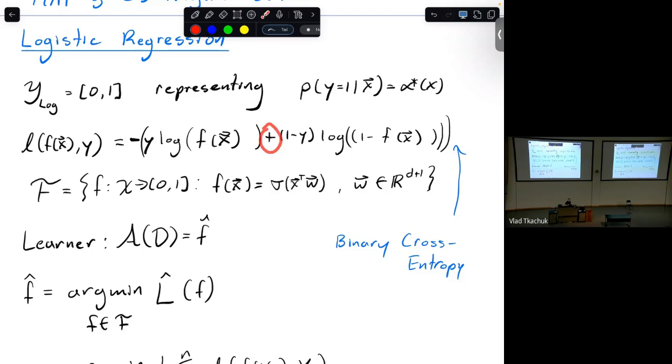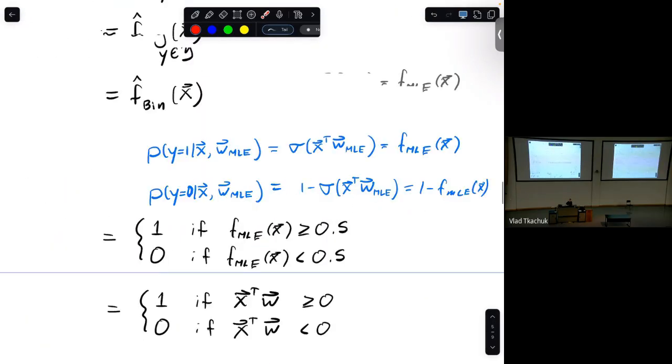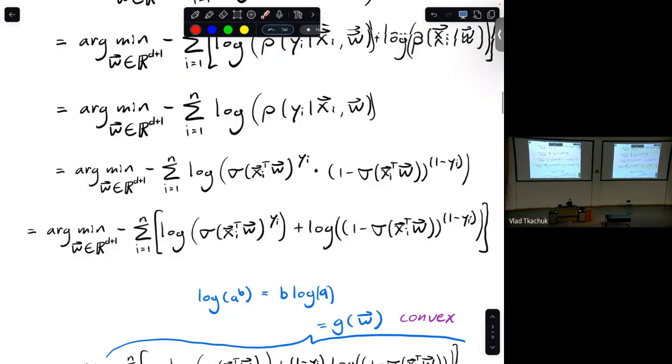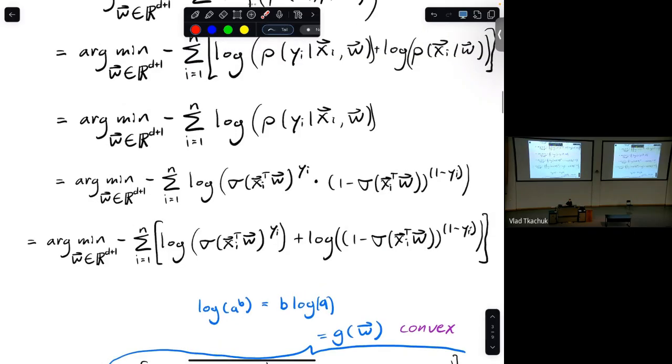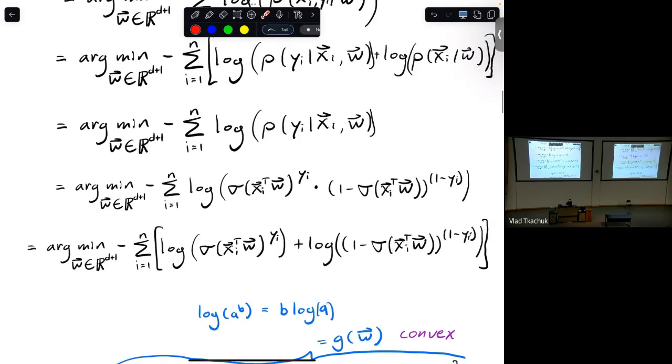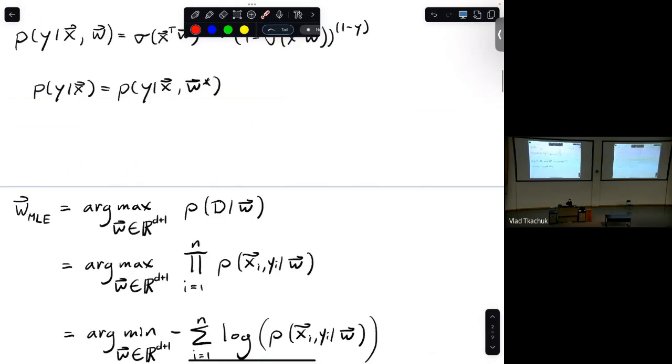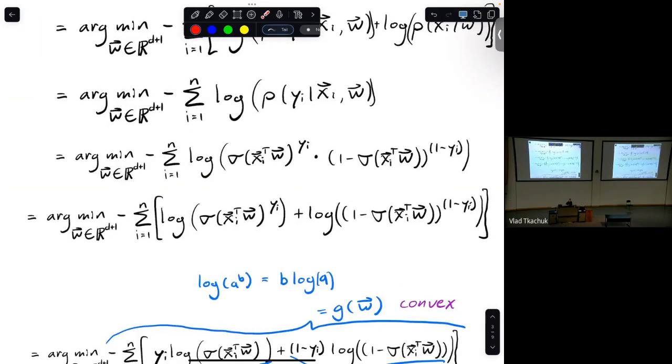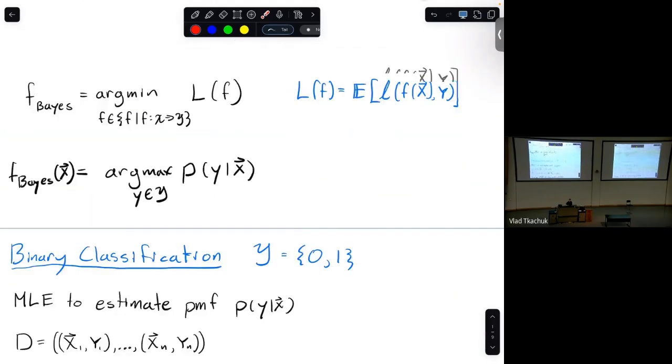Maybe this should be a minus. Let's see. So we got the loss from here.